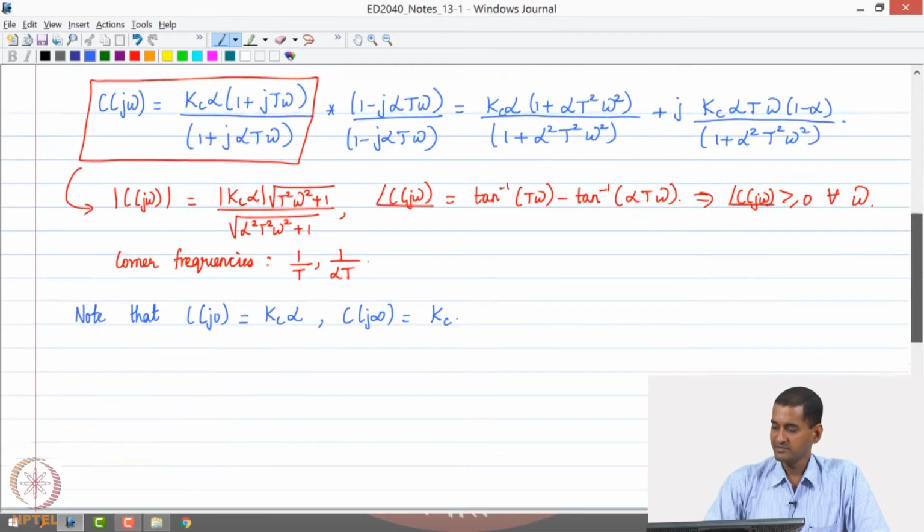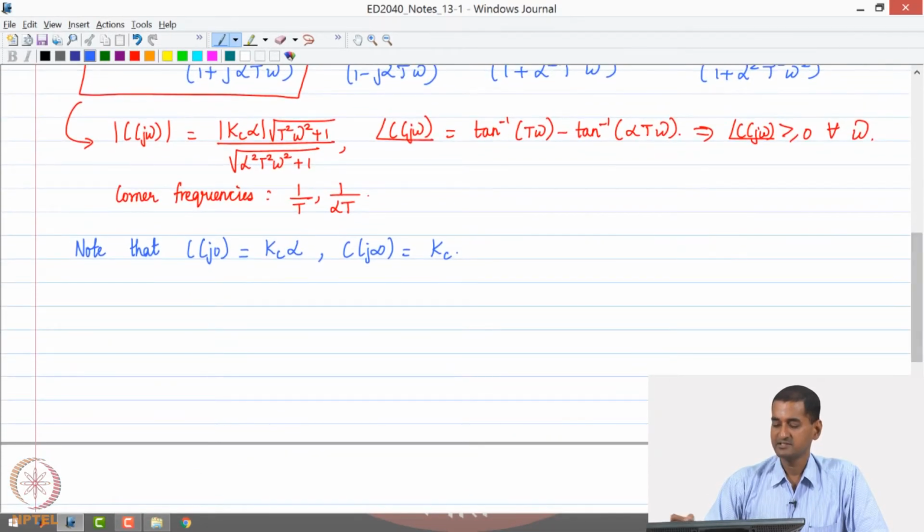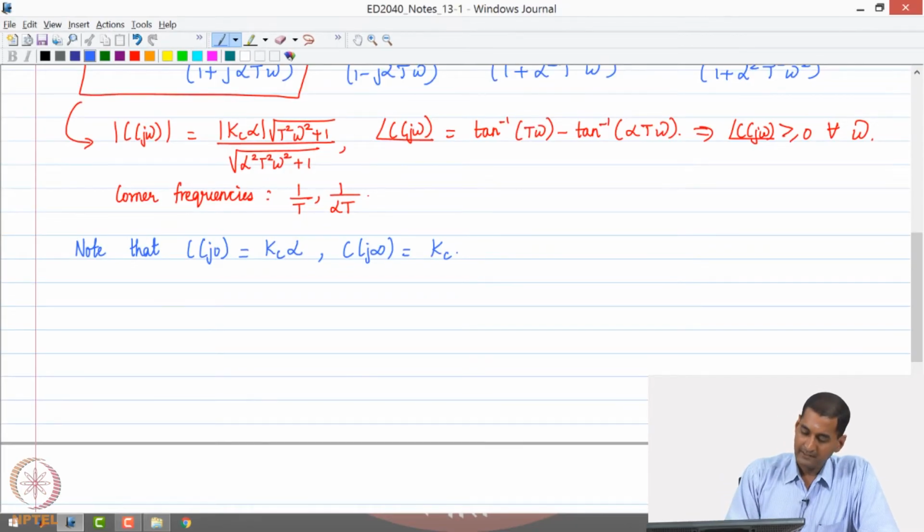So we can observe that the sinusoidal transfer function C(jω) starts on the positive real axis for ω equals 0 and ends on the positive real axis as ω tends to infinity. That is an observation we can readily make from this particular equation.